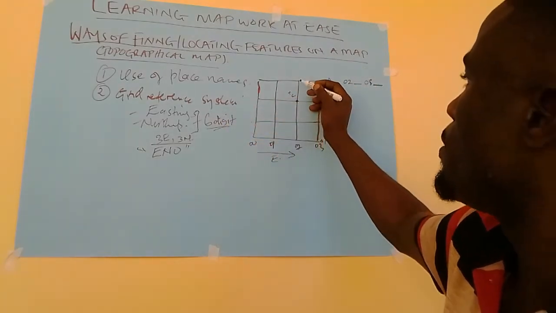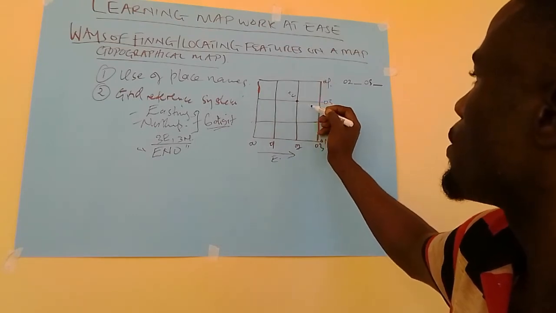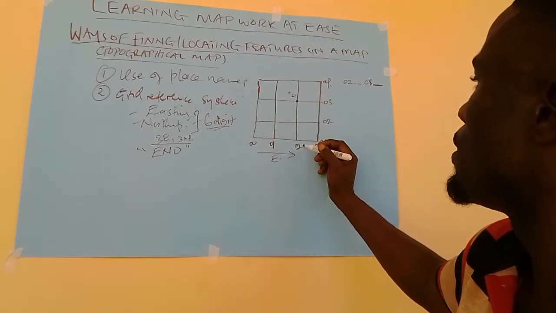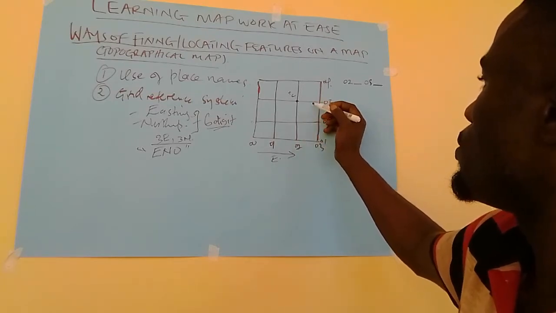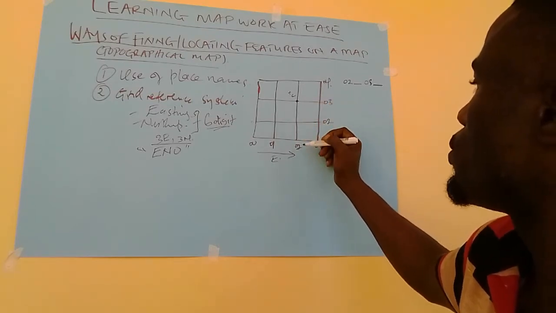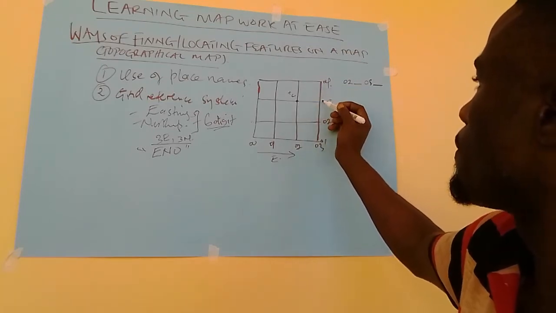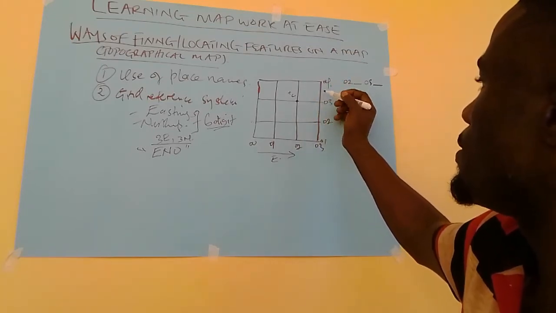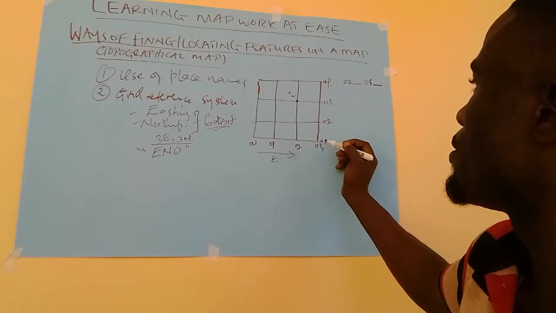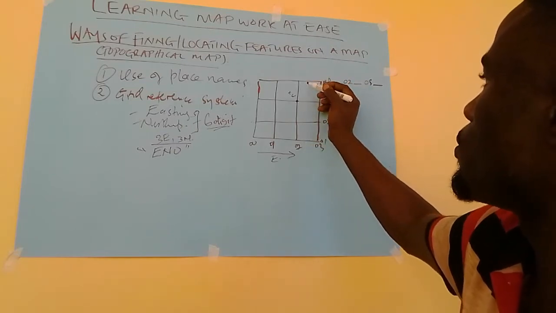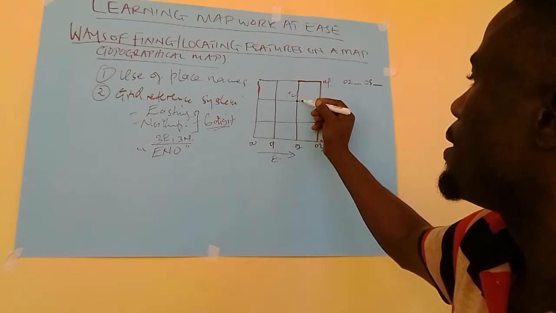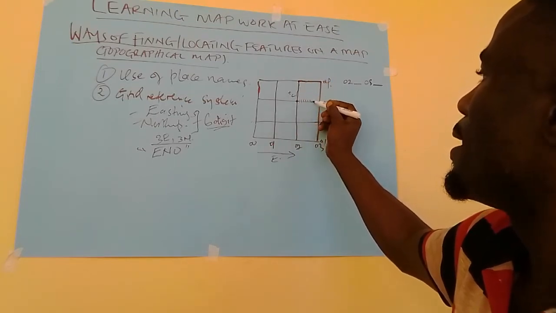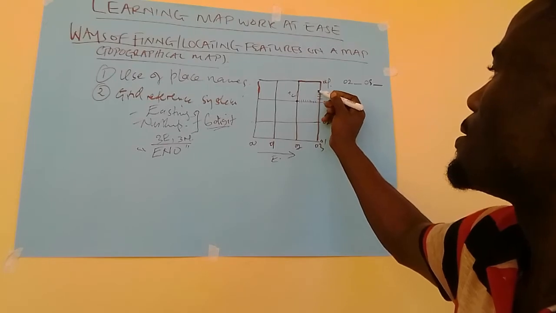Now, if we are on this grid box, easting 02 and northing 03, we are in this box. So this box has got 10 small eastings and 10 small northings.